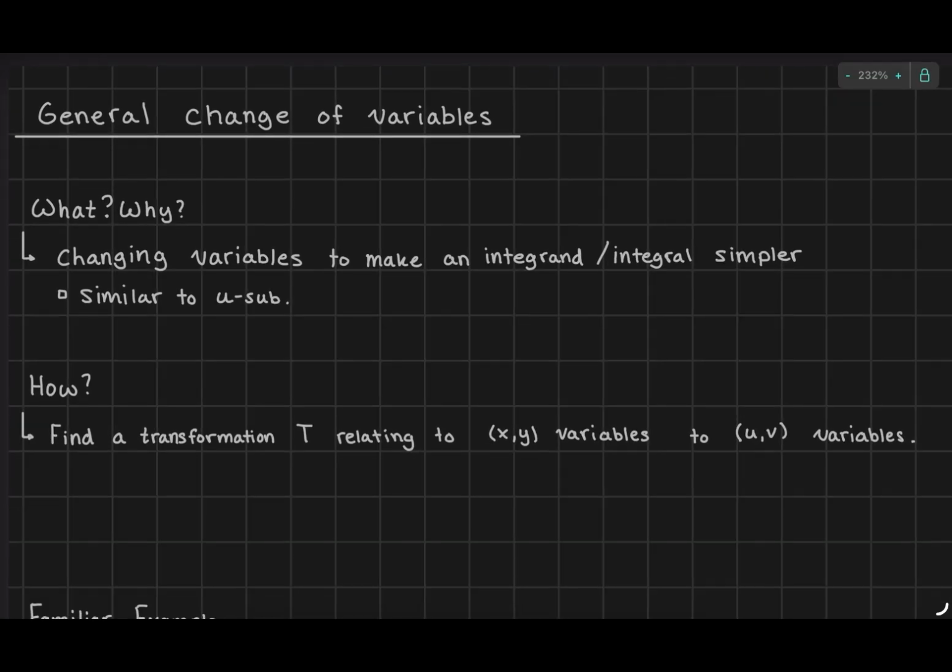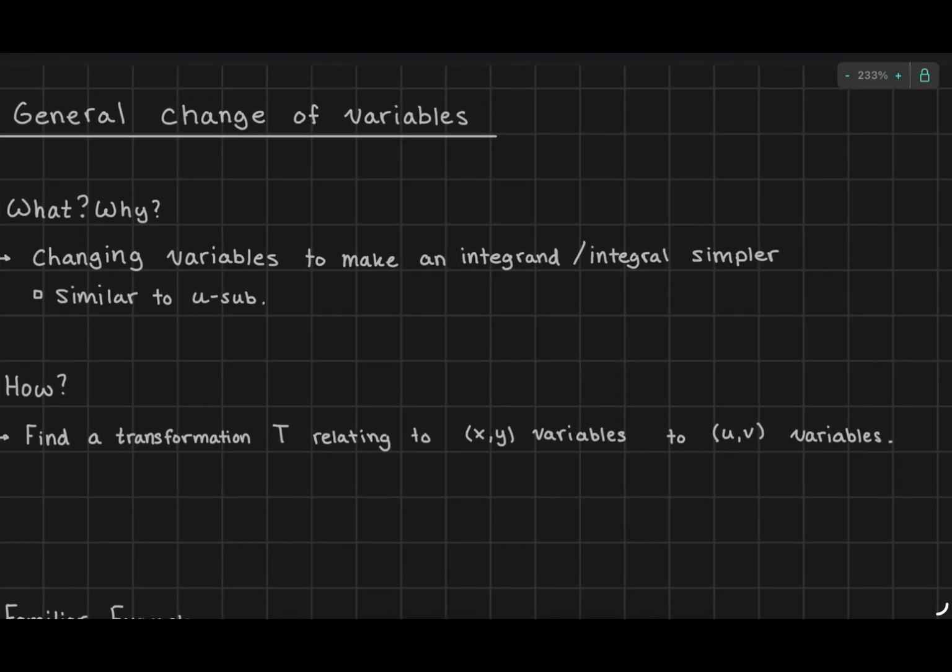Essentially, when we're doing a general change of variables, we're going to be finding a transformation T relating xy variables to uv variables. What am I trying to say here? Well, we're going to be given, or sometimes we're going to have to find, a transformation T, like the one given here. We're going to have some T where x is equal to some function g of u and v, and similarly y is a function of u and v.